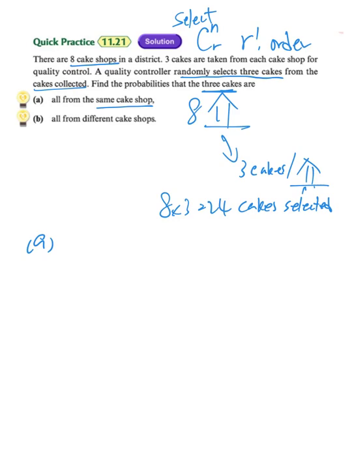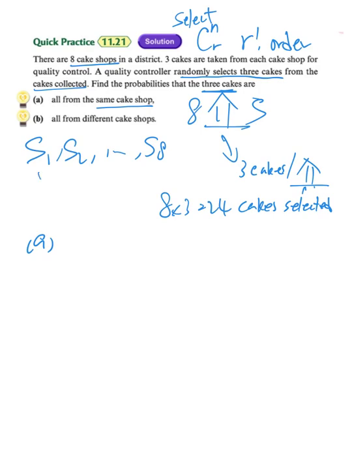But actually, the meaning of the same cake shop has 8 different meanings. So let me denote S to be the cake shop. So that means you can have all from S1, or all from S2, or all from S8, etc., etc.